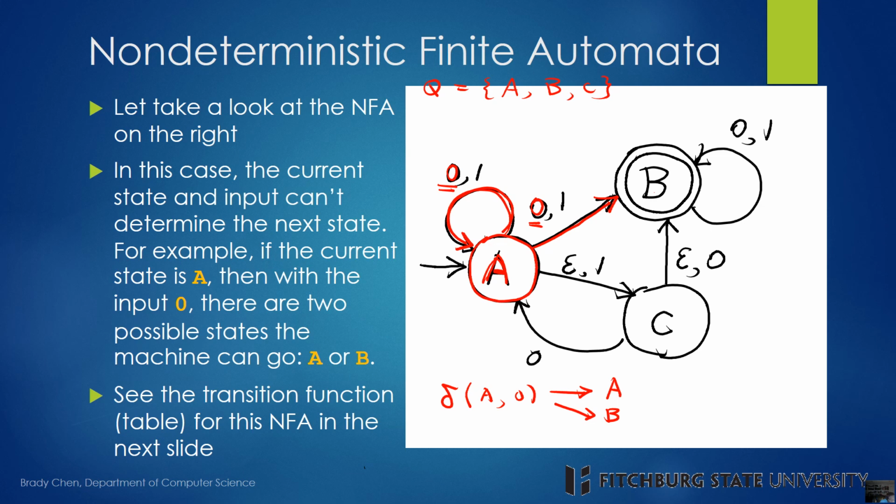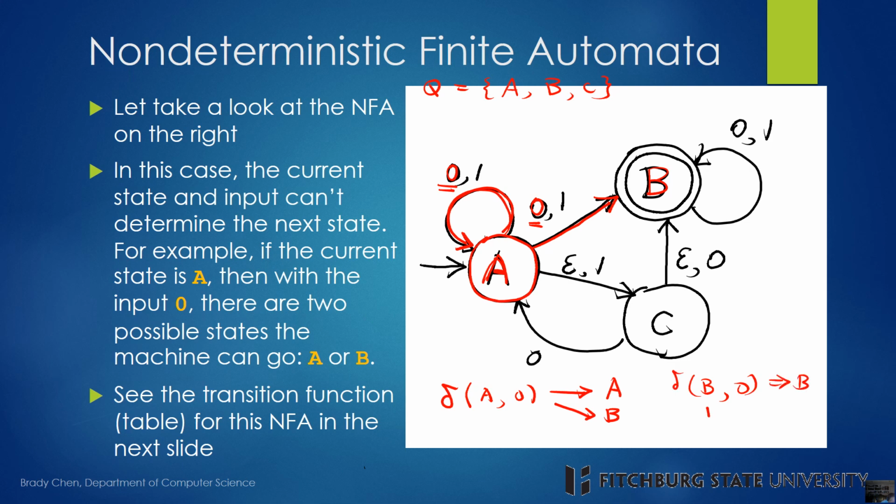So there are potentially 2 possible states the machine is going to move to. Now let's take a look at another case. Once the machine actually gets into state B, and then we find out if the input is 0, it still stays in B, right?